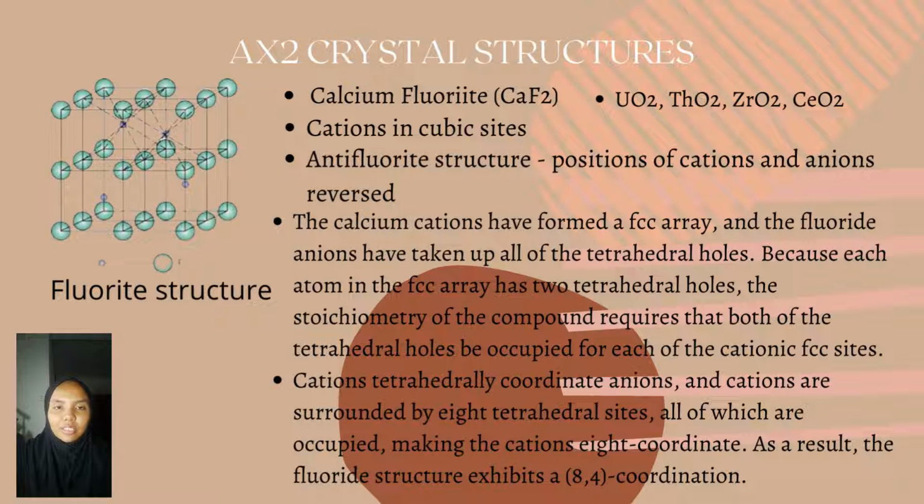Cations are surrounded by 8 tetrahedral sites, all of which are occupied, making the cations 8 coordinate. As a result, the fluorite structure exhibits 8 coordination.